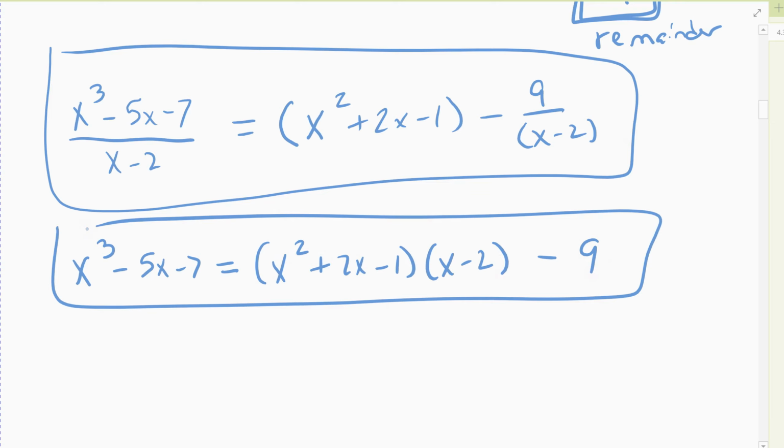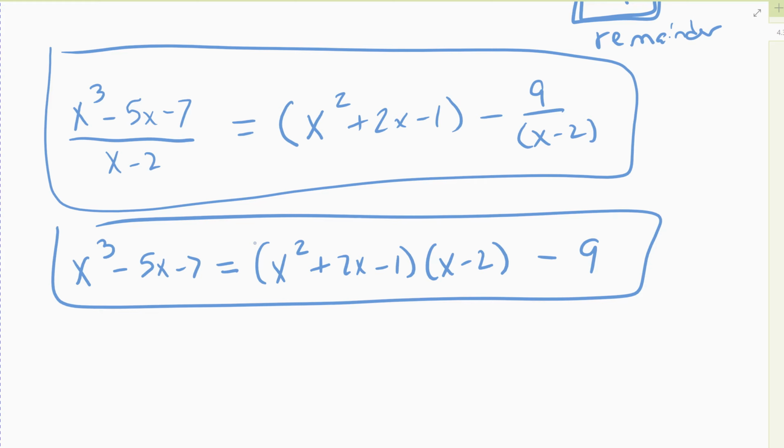So that's the relationship between the polynomial that I'm dividing into, that's the dividend, the polynomial I'm dividing by, which is the divisor, the x minus 2, the quotient I get when I do my division, that's the x squared plus 2x minus 1, and then if I have a remainder, there's the remainder that's tacked on at the end.